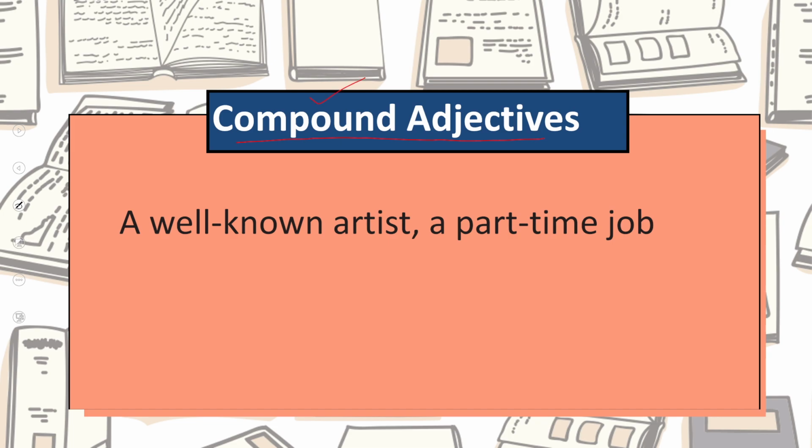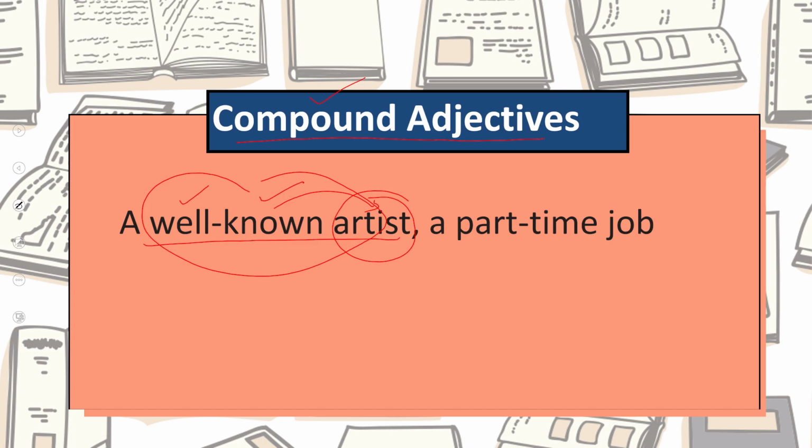Compound means having more than one. A well-known artist. Well-known is an example of a compound adjective. What is it modifying? Our noun, artist. How is the artist? He is well known or she is well known.